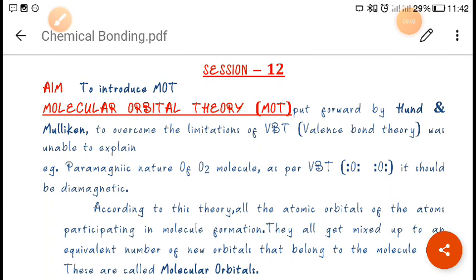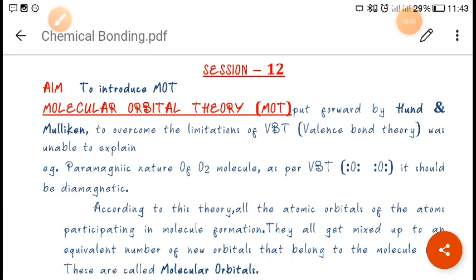The first limitation: valence bond theory was unable to explain the formation of a coordinate covalent bond, in which both the electrons forming the bond come from one atom only. Next, this theory offers no explanation for the paramagnetic nature of oxygen molecules.